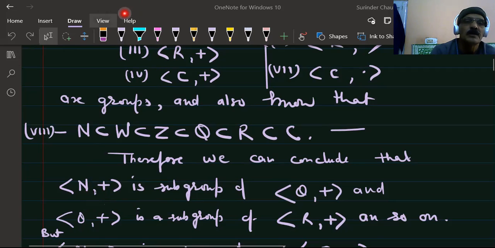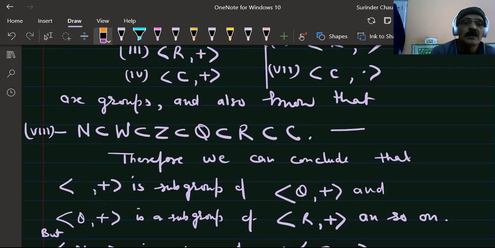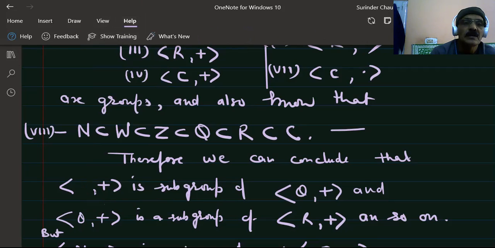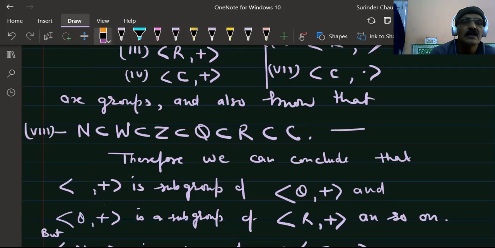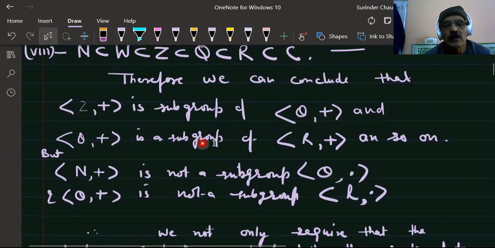The set of integers under addition is a subgroup of the set of rational numbers, and the set of integers under addition is a subgroup of the set of real numbers, and so on.